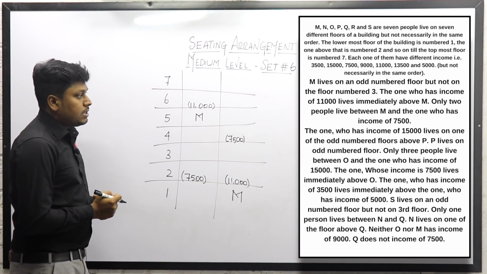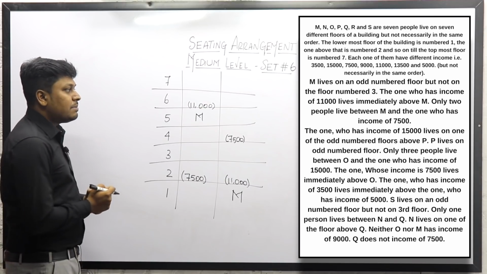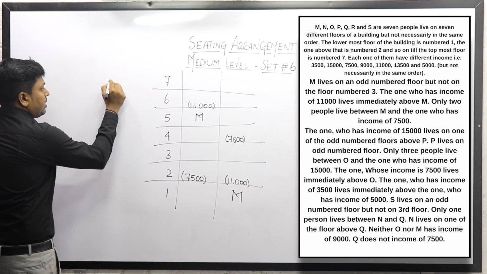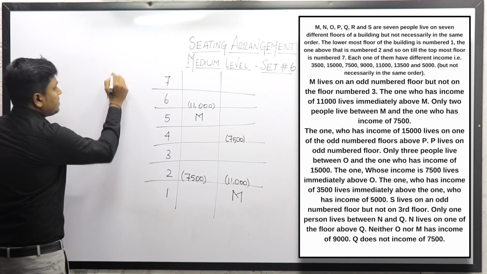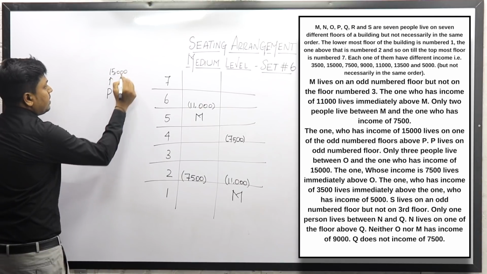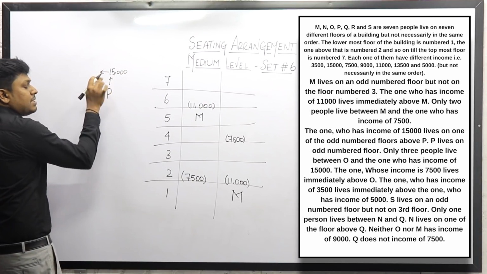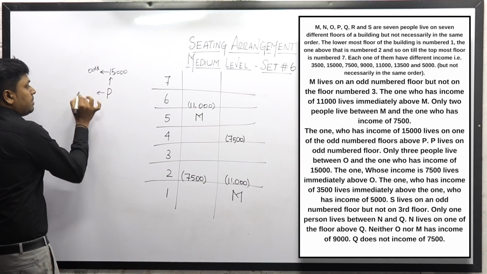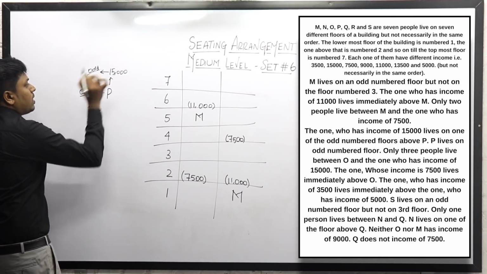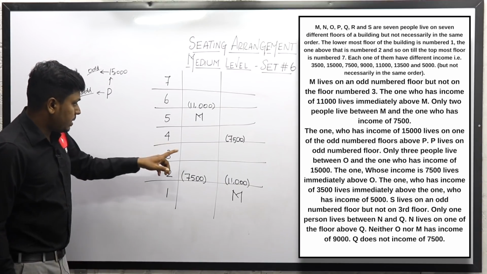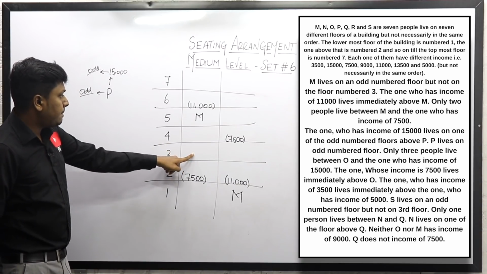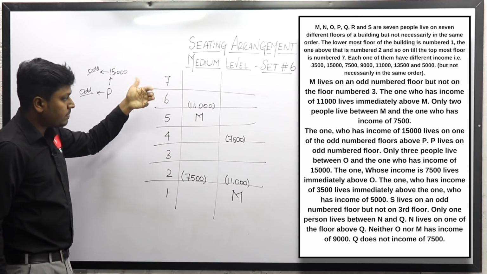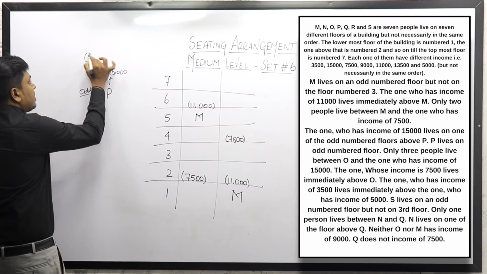The person whose income is 15,000 lives on an odd number floor, and similarly the person P also lives on an odd number floor. So if I fix P here, then this can be 15,000 or this can be 15,000, many possibilities. So let me take this as clue number 1.